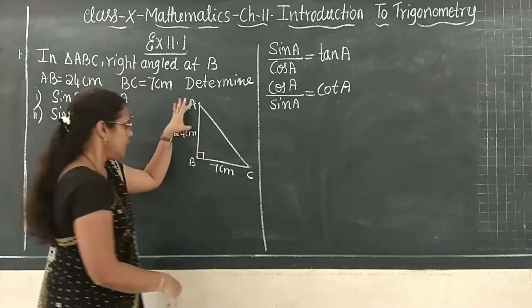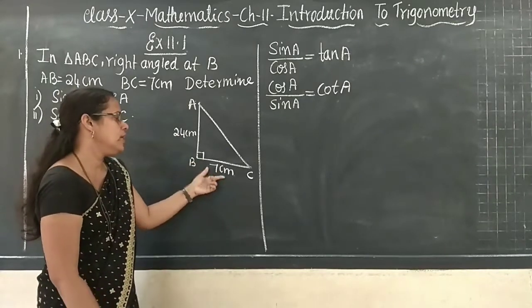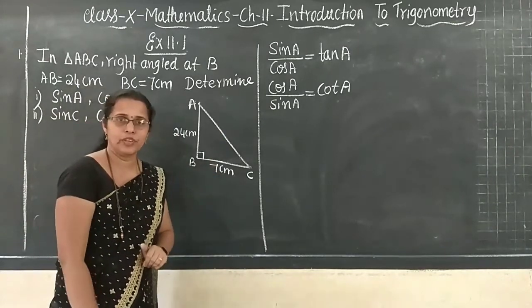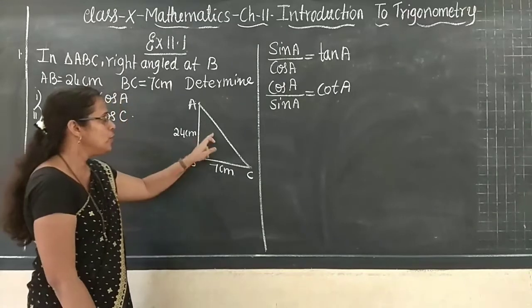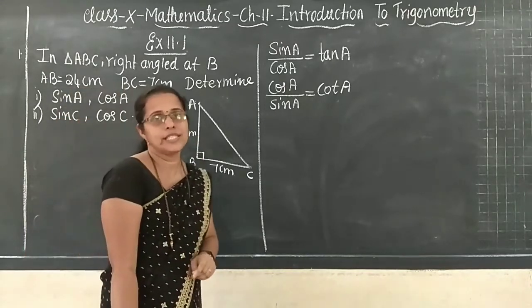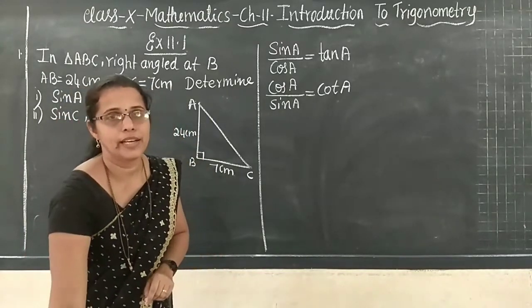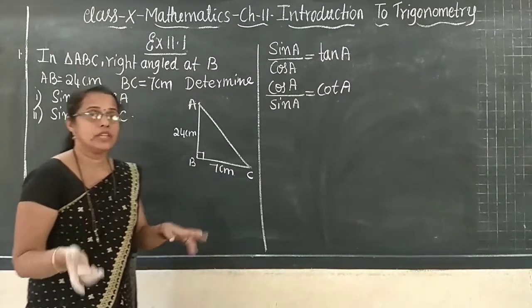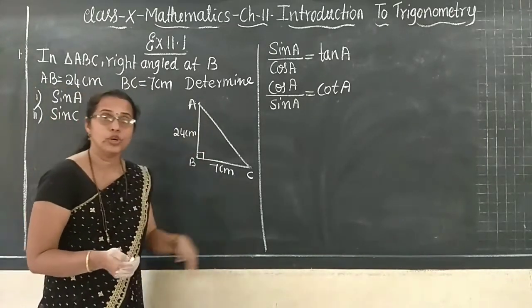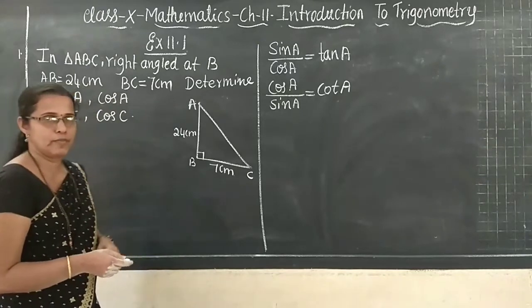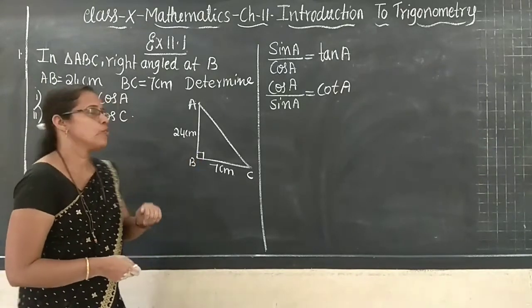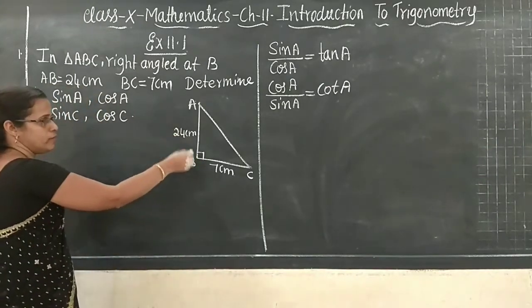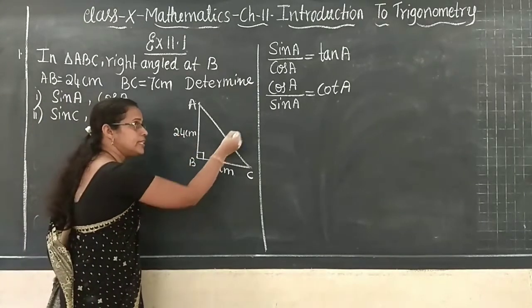Okay, so now AB you know, BC you know, AC how to find out, children? Yes, you are right. You use Pythagoras theorem. Any two sides given, third side not known, means we have to use Pythagoras theorem. It's a right angle triangle, right? So we have to use Pythagoras theorem to find all the three sides.